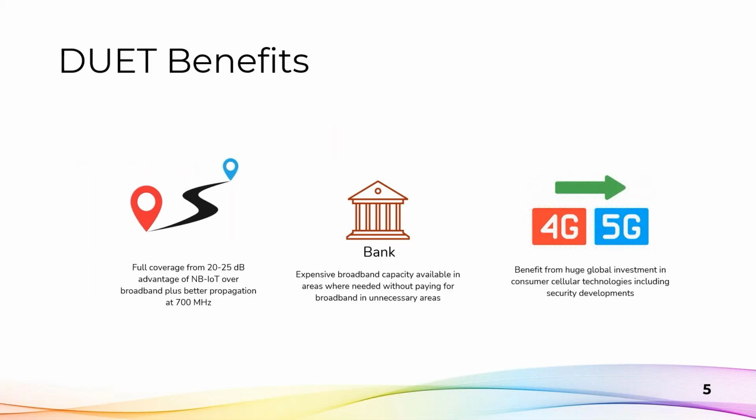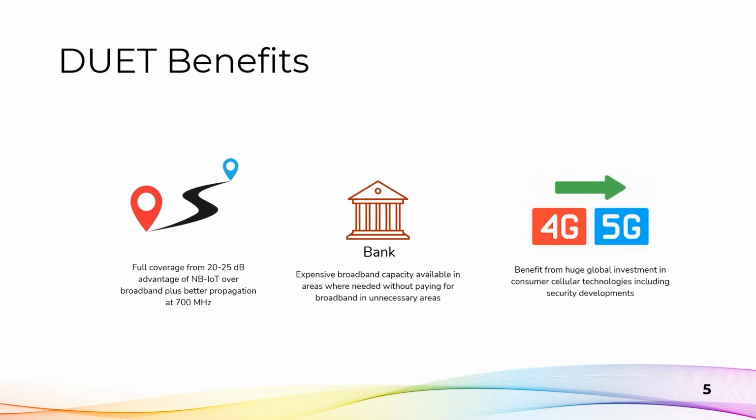So I wanted to describe, okay, what are the benefits? So first of all, Duet using the low frequency and NB-IoT or some lower modulation scheme will give you very long range. 25 miles we think is reasonable. You could do longer in certain situations, and so that limits the number of towers you have to build.